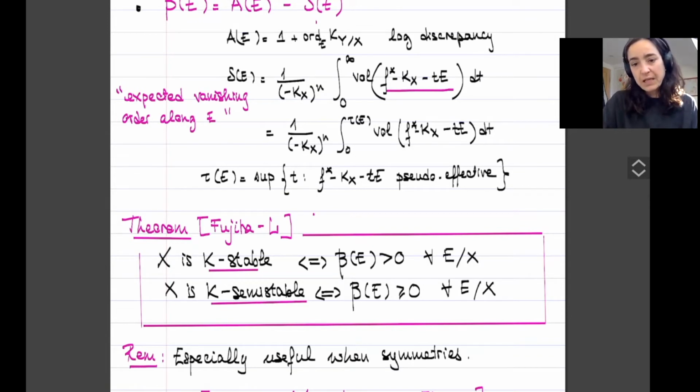So this is really a definition in terms of valuations of X. And I guess it doesn't come as a massive surprise that degenerations of X should be related to valuations of X.